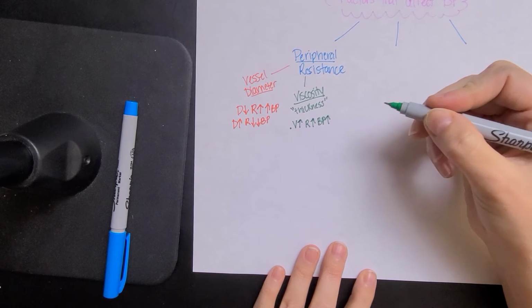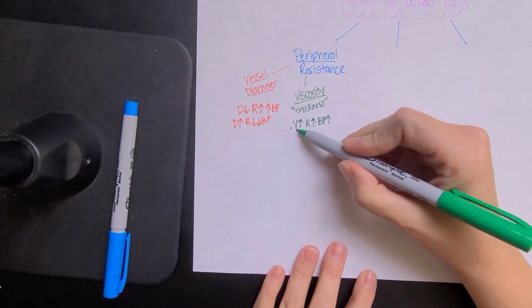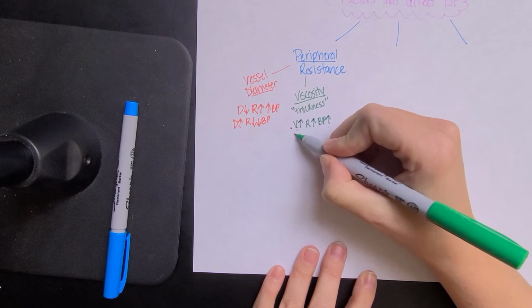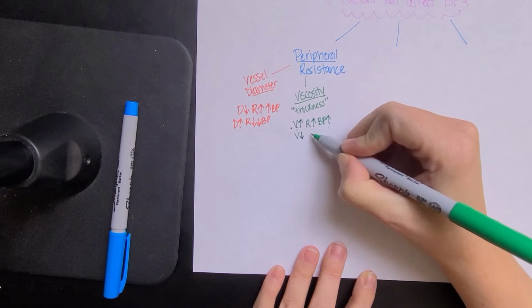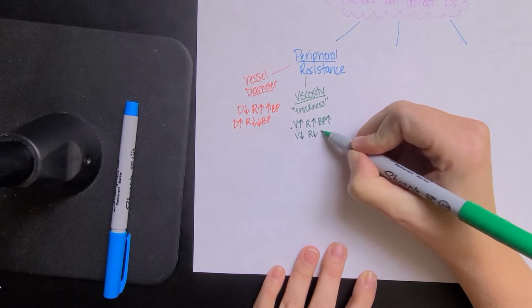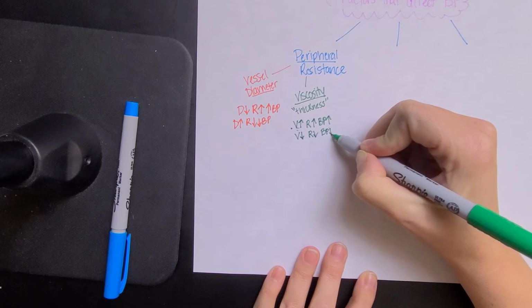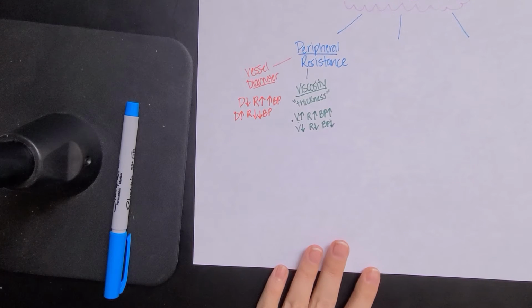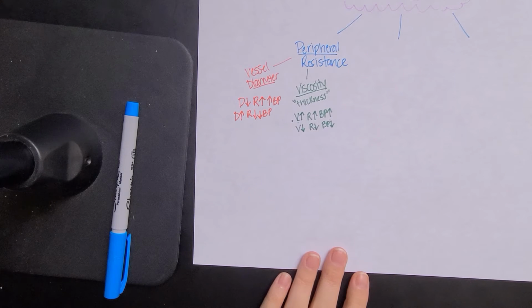Okay, and then it's the reverse here. So this is what we call a positive relationship. If one goes up, the other goes up, right? If viscosity goes down, our resistance goes down and blood pressure goes down, right? So that's a good thing. The thinner our blood is, the lower our blood pressure can be.